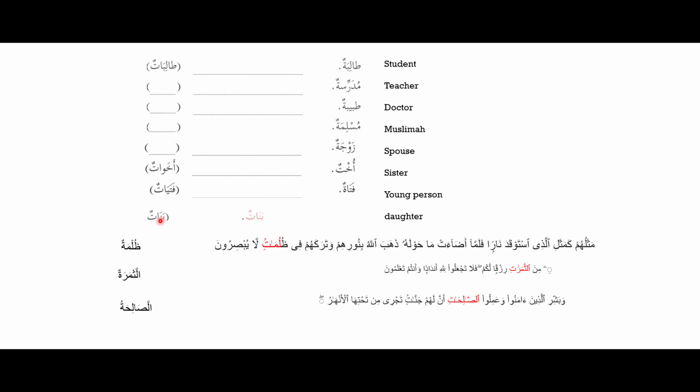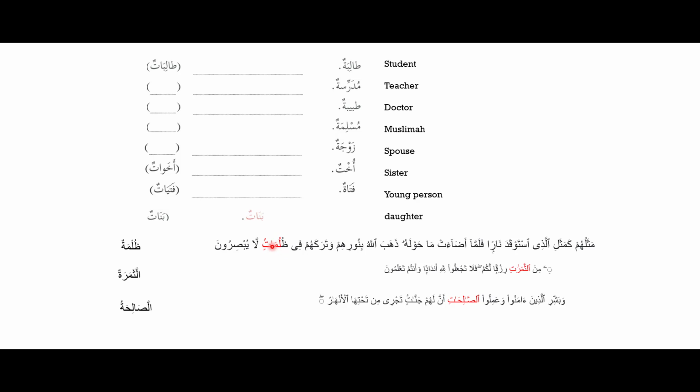Now, as far as non-living isms are concerned, I thought of bringing up Quranic references so that you can directly practice finding the sound feminine plurals there. I have highlighted the feminine plurals in red. Here is our first example, zulumatin.